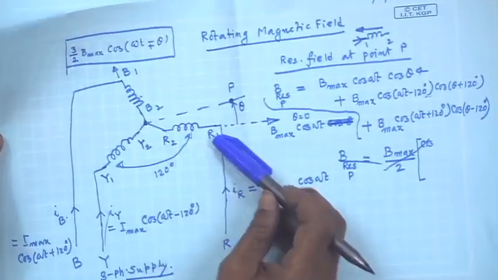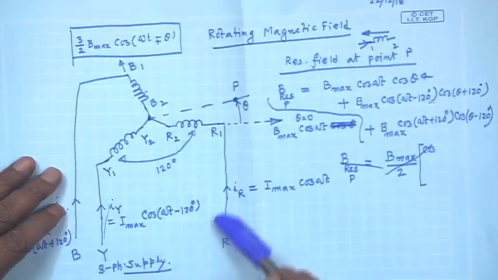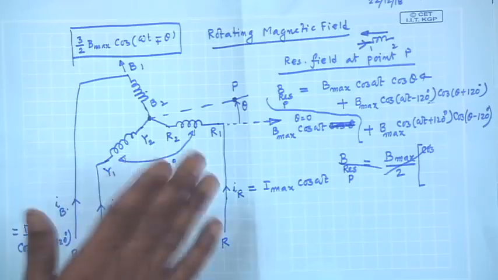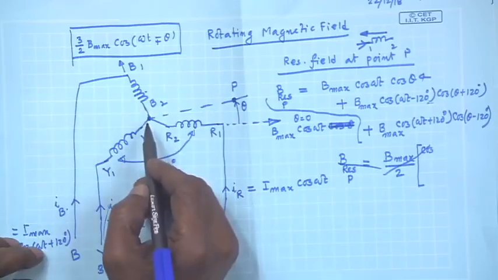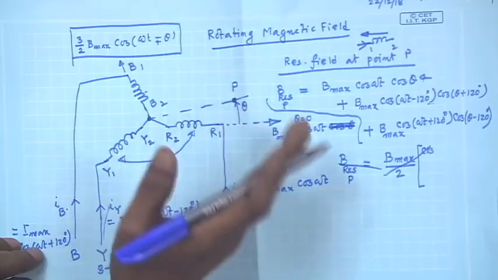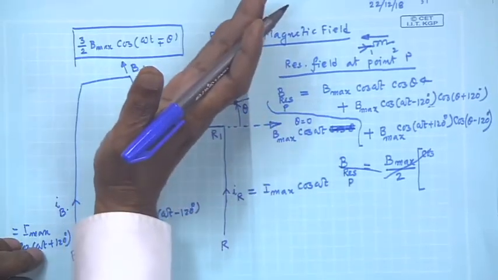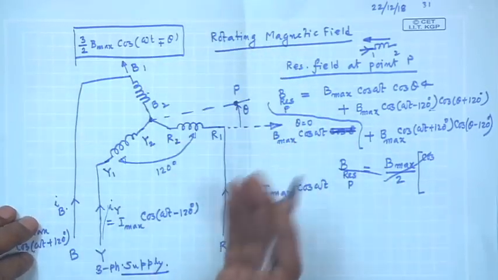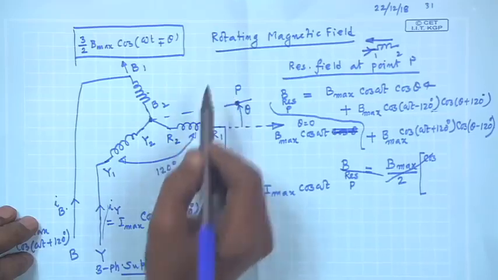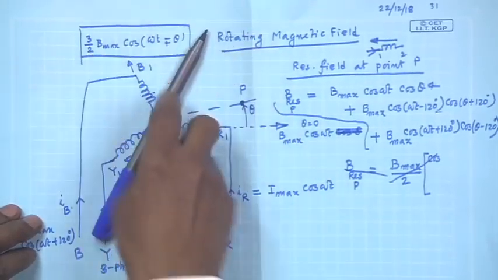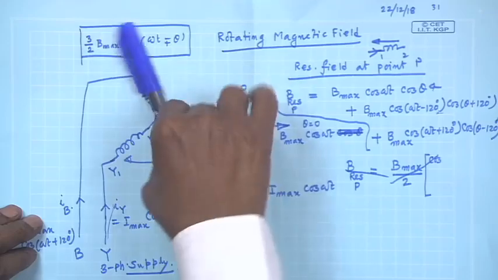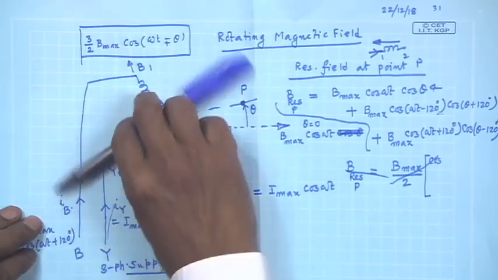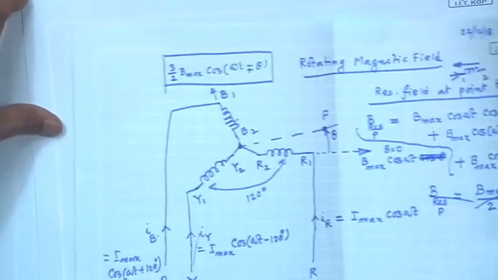So, as time will pass, if this is the current, at any time if the resultant field was here, see I am now talking about resultant field at any point at a given time, suppose it is positioned here. So, what I am telling, this is the direction of theta measurement, after some time that field will move like this, that is what I want to tell. Let us see it much more nicely from this diagram.